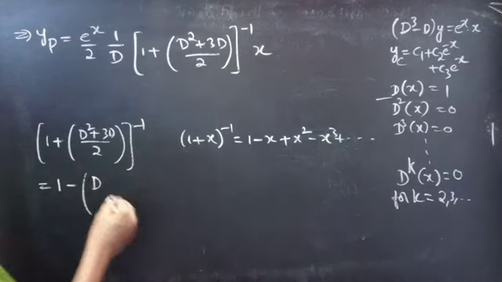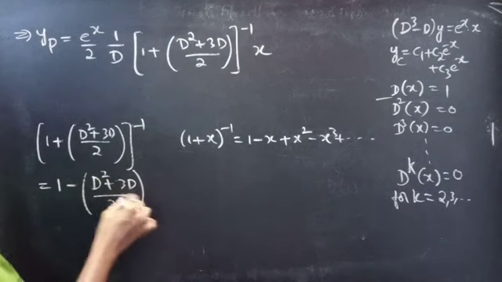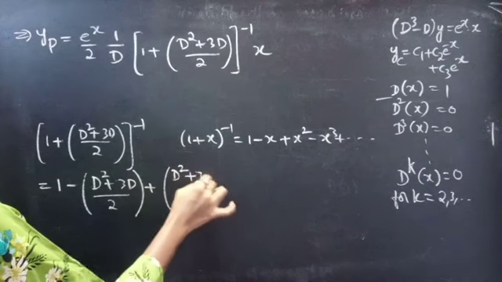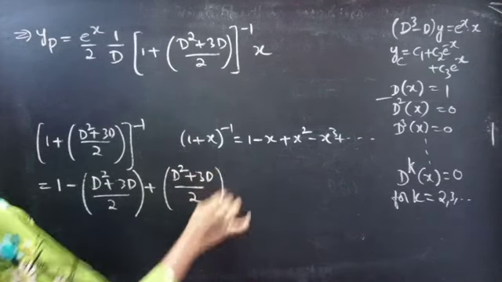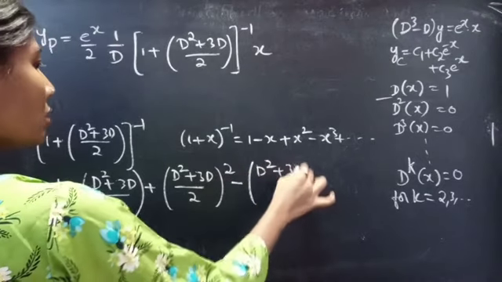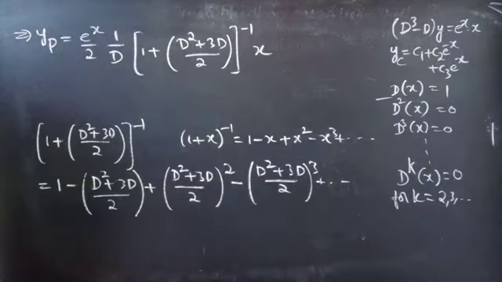So for x equals (D square plus 3D by 2), we'll get 1 minus (D square plus 3D by 2) plus (D square plus 3D by 2) whole square minus (D square plus 3D by 2) whole cube plus so on, right?